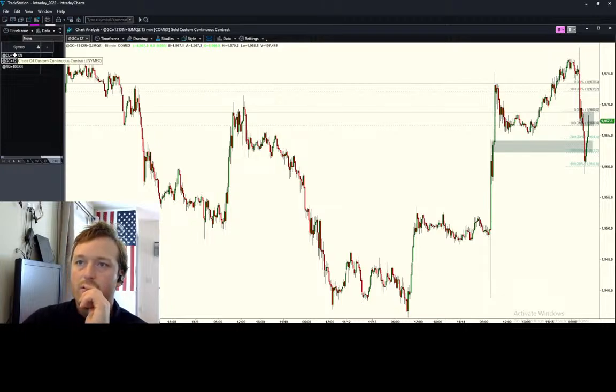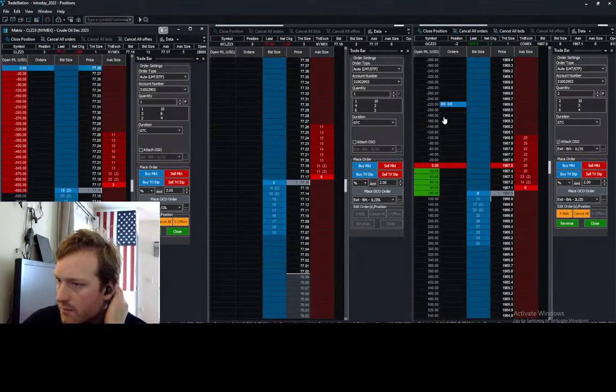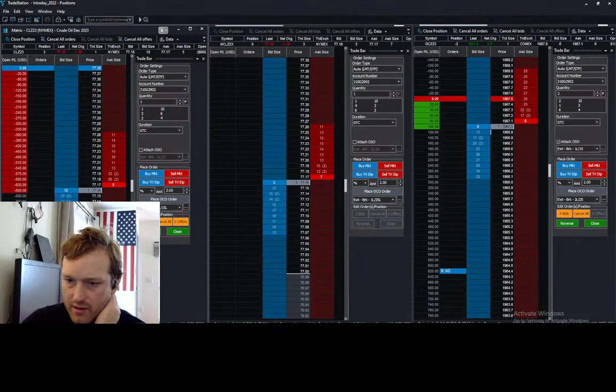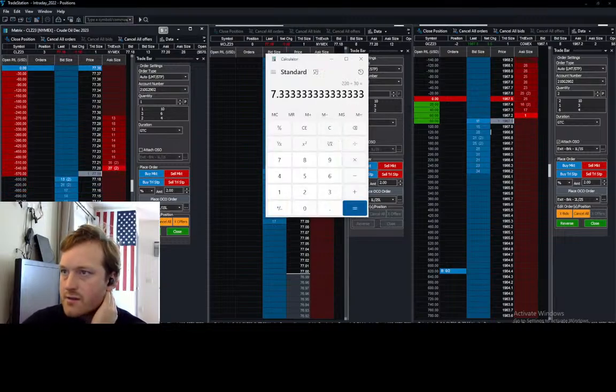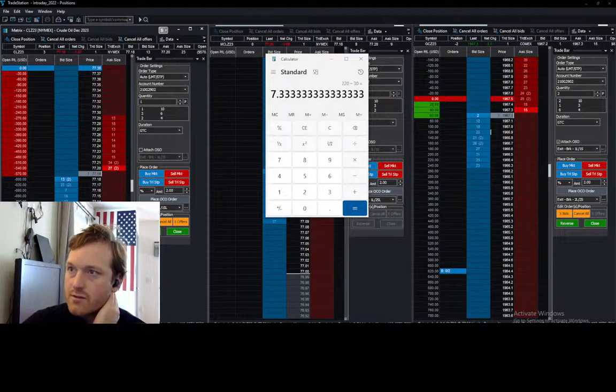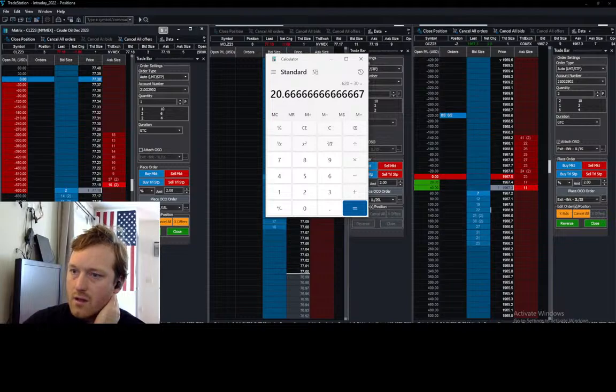Crude oil, the only other trade that I have open. Oh, we got to put in how much risk we're risking on this one. 220 for 620. 7.3 apples, 620. 20.7.